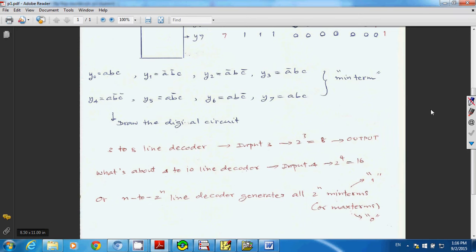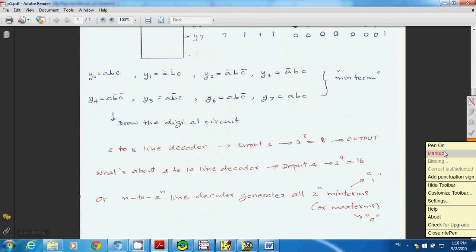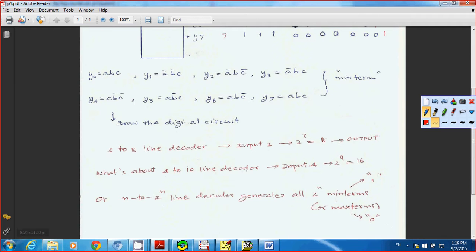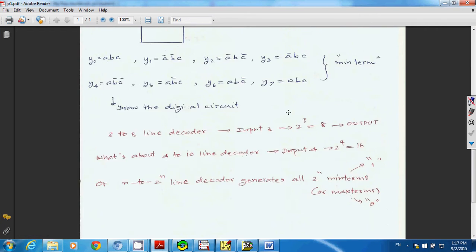So basically you can say that an n line decoder is going to generate 2 to the n outputs. So this is the general idea about decoder.